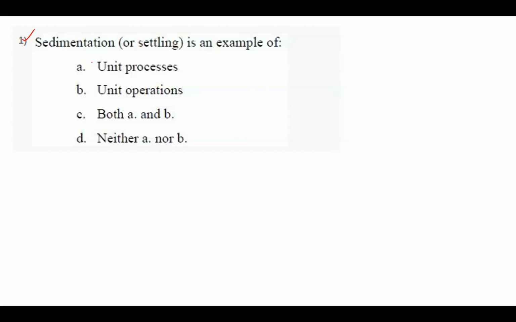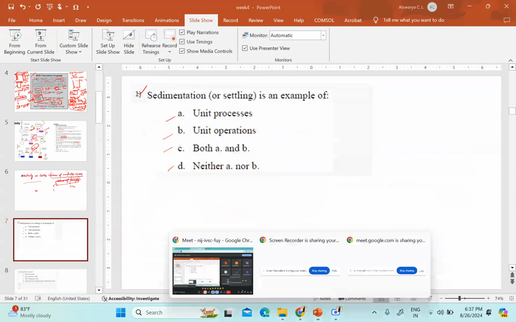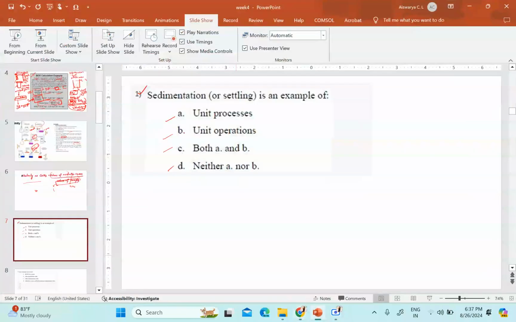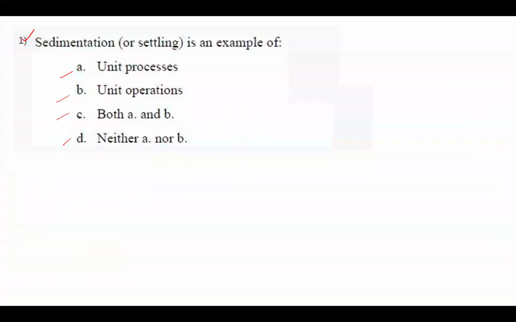First question: sedimentation is an example of, four options are given: unit processes, unit operation, both A and B, neither A nor B. Unit operation. Why is it a unit operation? Yes, right.